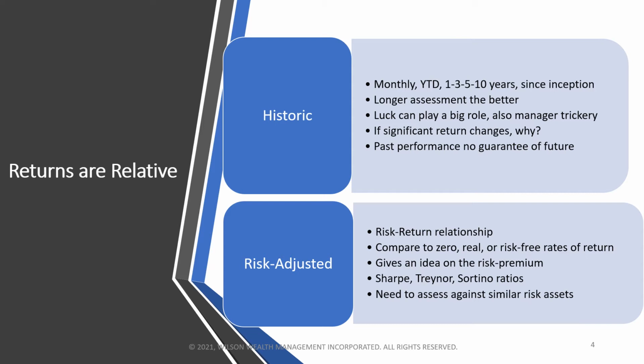And if we look at this concept, let's say that we had a fund, ABC. It had returns of 12% for 1 year, 10% annually over 3 years, 11% annually over 5 years. And it's investing in Canadian small cap equities.